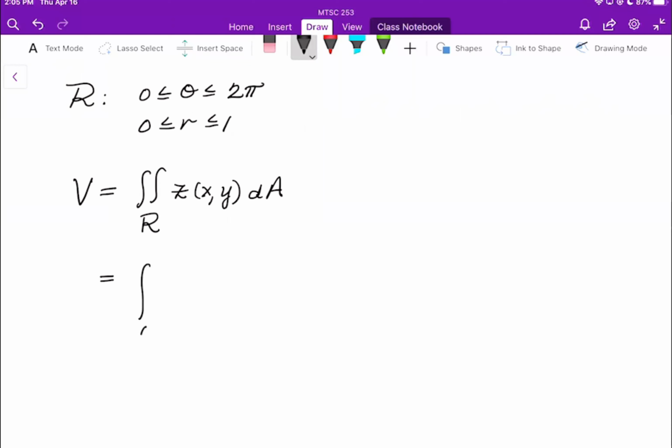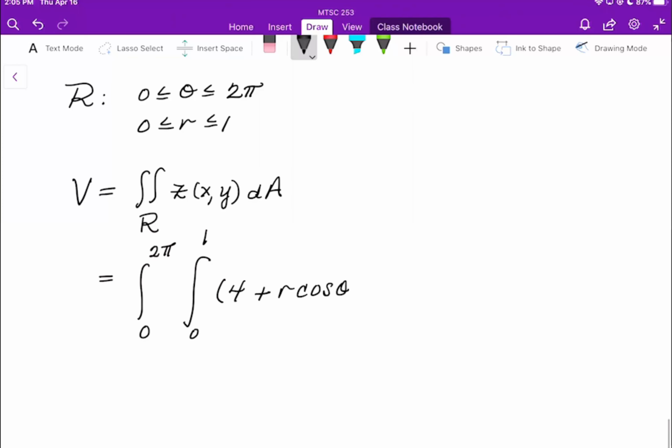So theta is going to go from 0 to 2 pi. r is going to go from 0 to 1. z now becomes 4 plus r cosine theta plus 2r sine theta, and then I'm going to multiply this by r dr d theta.